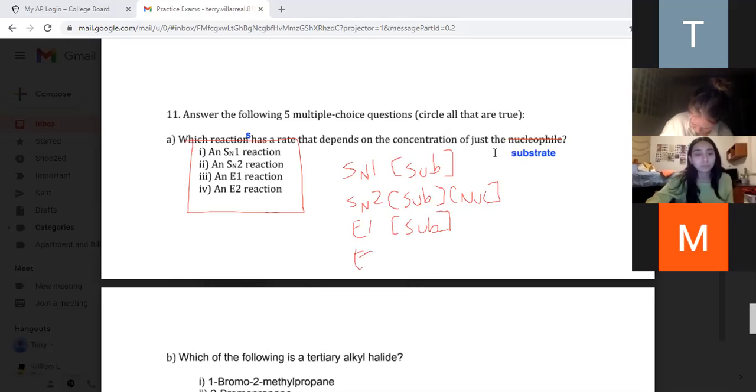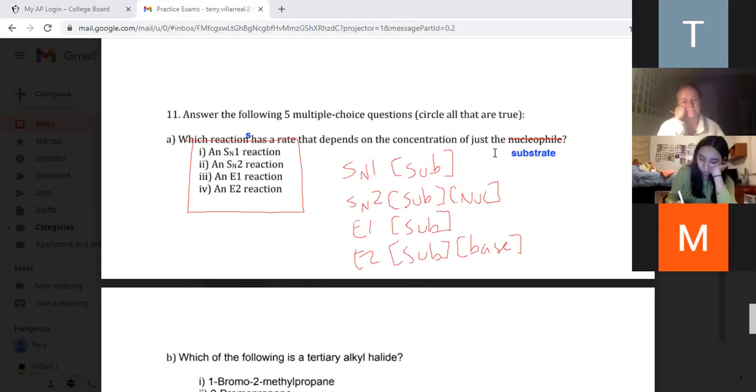E2 depends on the concentration of the substrate and the base. So the reason why E1 and SN1 only depend on the substrate is because what's our rate determining step? It's when the leaving group leaves, right? So it just depends on how many substrates you have there because the leaving group pops off of that. All right, so E1 and SN1 are just dependent on the substrate.